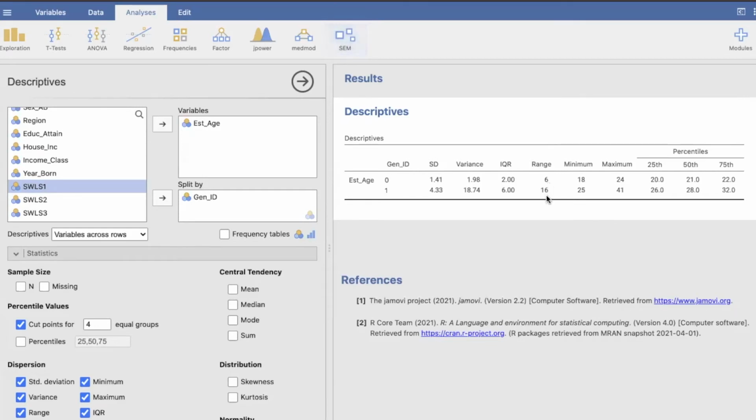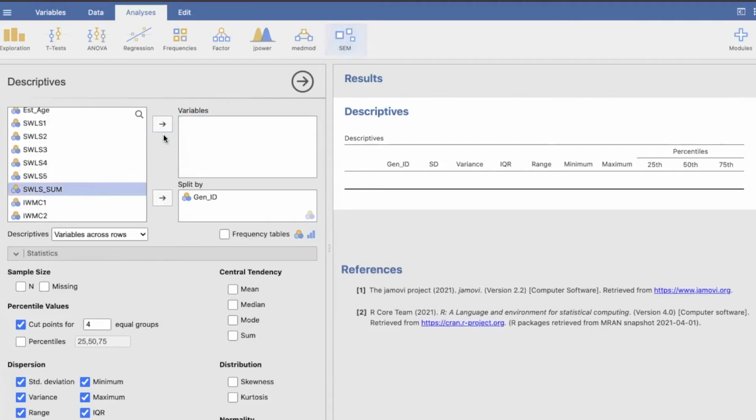But when you look at the Gen Ys, this 16, you can really see that the Gen Y respondents we got are spread apart. So the measures of variability are more interesting to discuss if we are comparing two groups from each other. For example, you want to compare the SD, the variance and the IQR of, let's say, satisfaction with life.